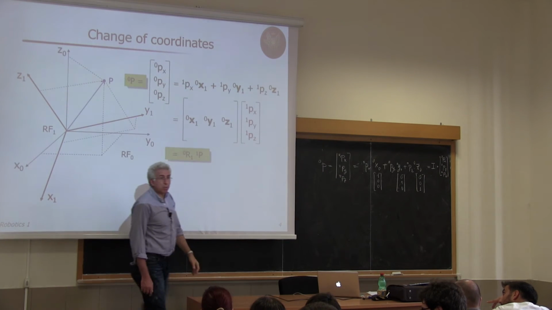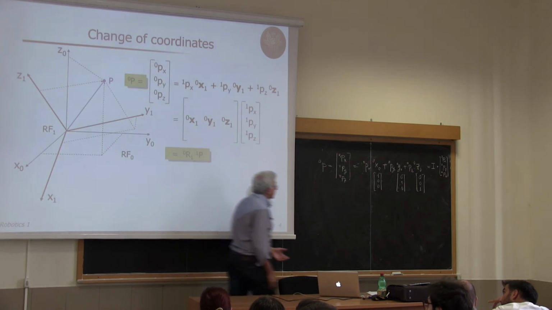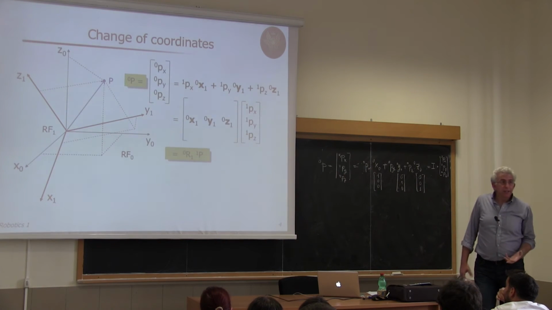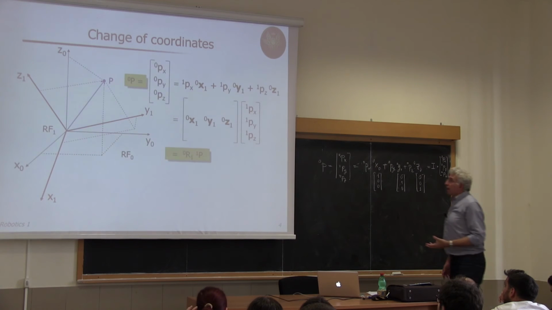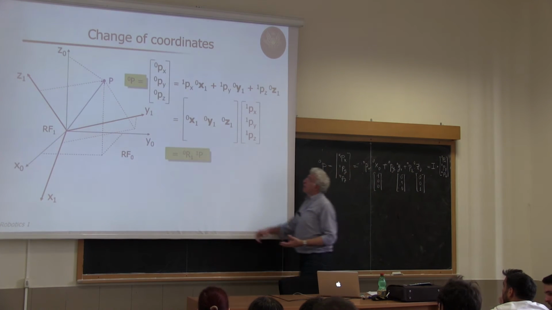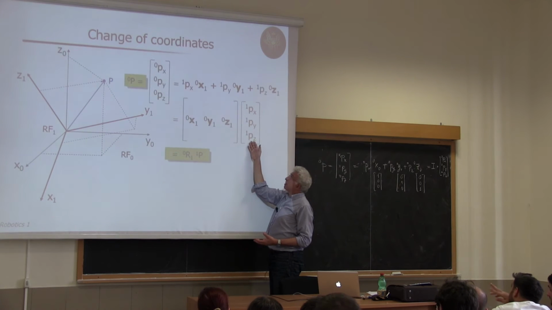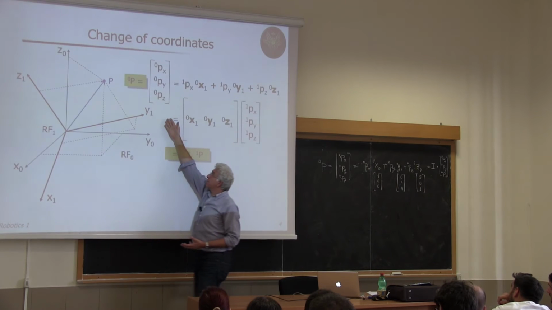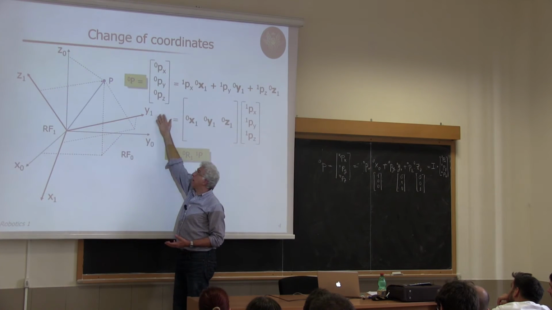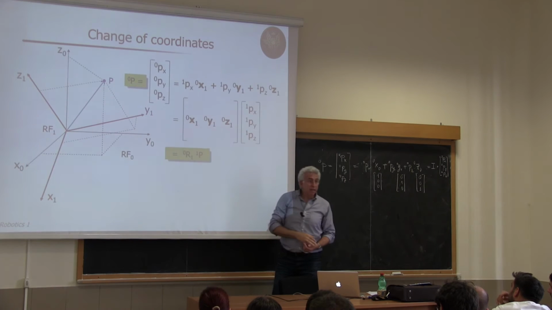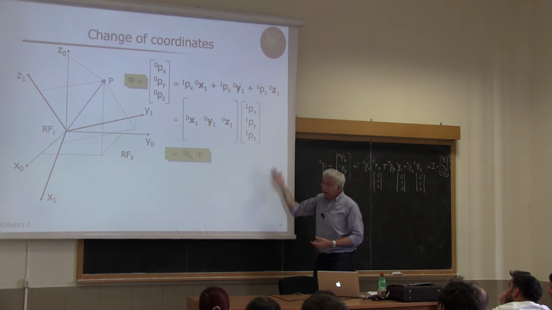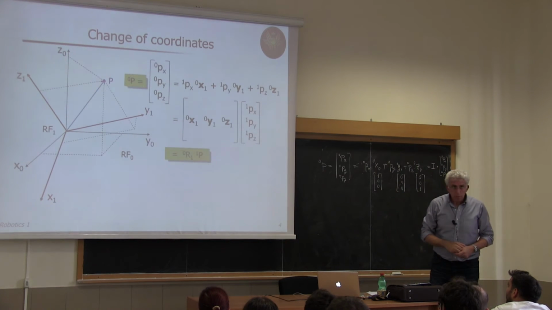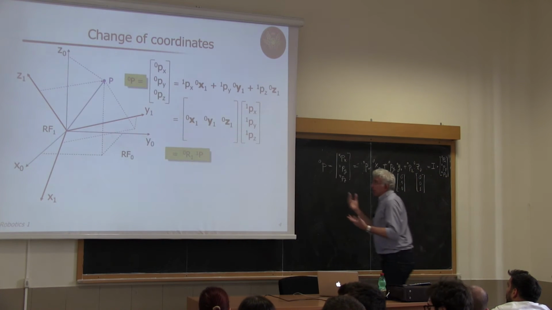So what you have is a way of changing the coordinates of a vector. In particular, if you know the vector expressed in frame 1, so you know these 3 numbers, in order to compute its expression in frame 0 you have to build the rotation matrix of frame 1 with respect to frame 0. And vice versa.